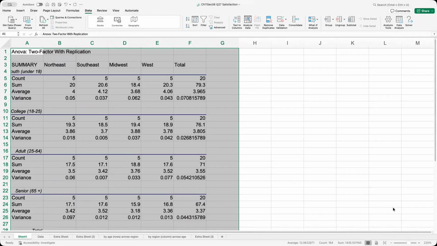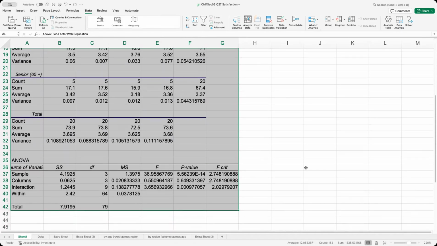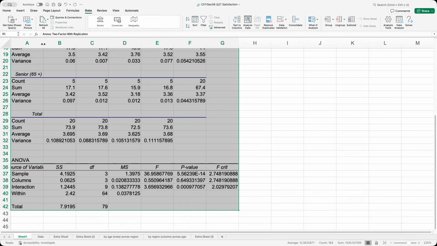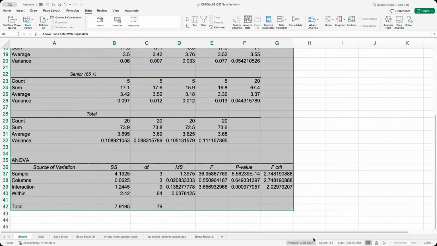That's what's going to help me look for my interaction effects. But way down at the bottom of all of this, that's where I have the actual ANOVA result itself. This tells me everything I want to know.